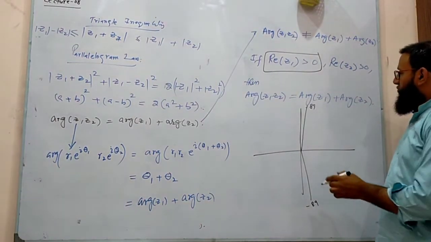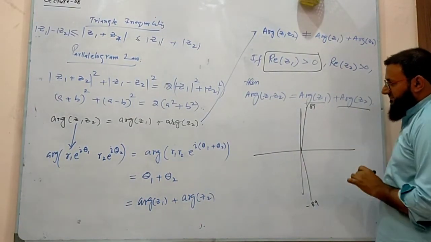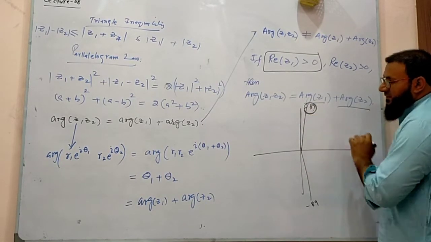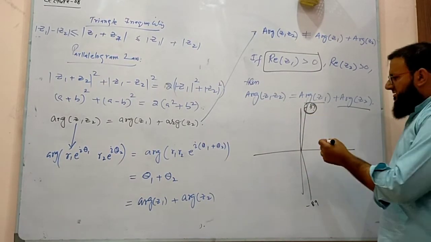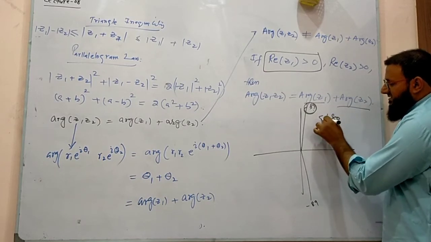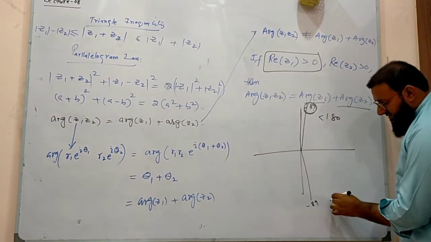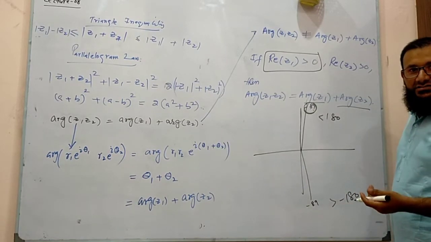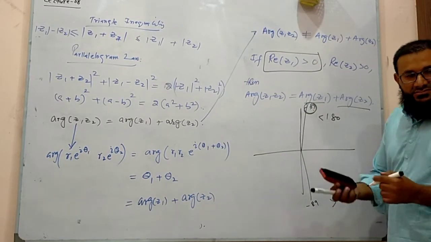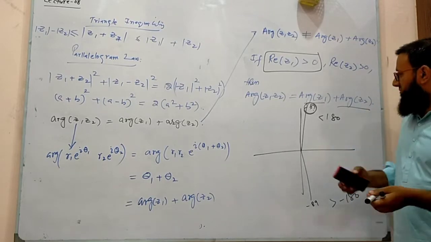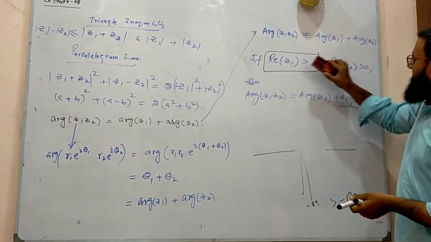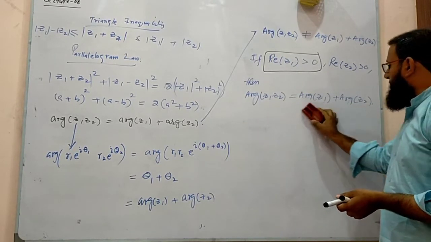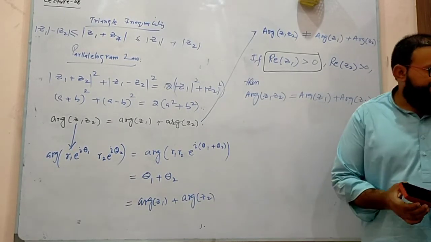So when you add these two angles, it is going to be something like 89 plus 89, less than 180, and greater than minus 180. So this is the idea that whenever this condition holds, this particular thing is right, otherwise it is not.